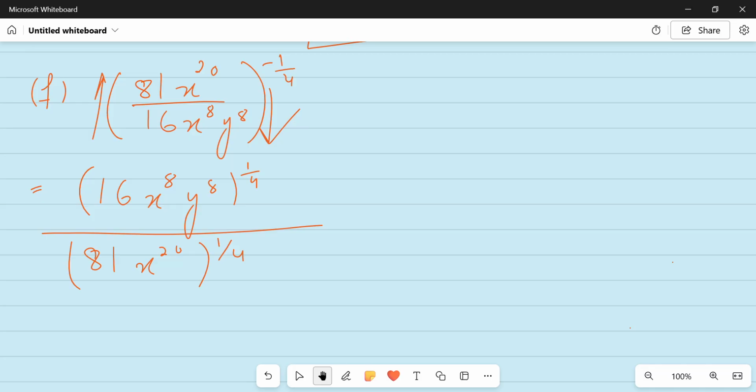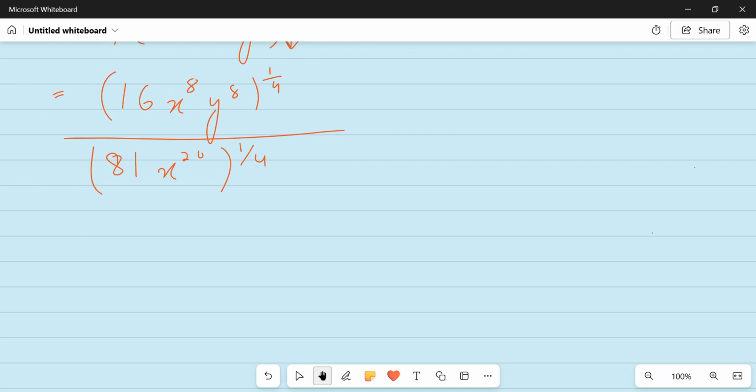Then what we need to do, this is 16, right? So 16 also has 1 over 4. So I'm going to take out the factors. It is 4 here and it's 16.